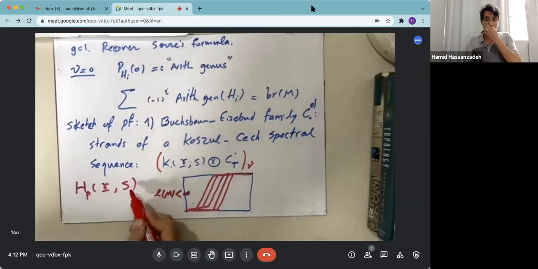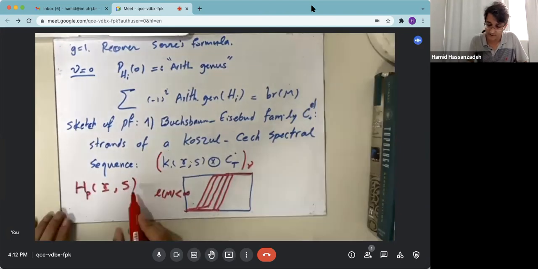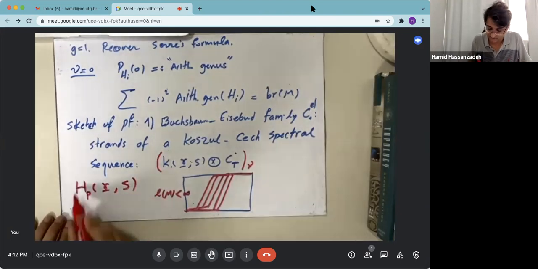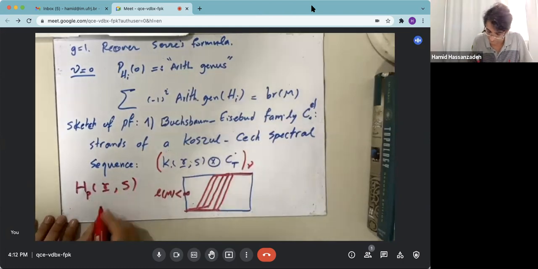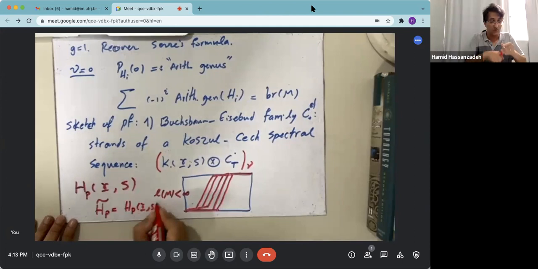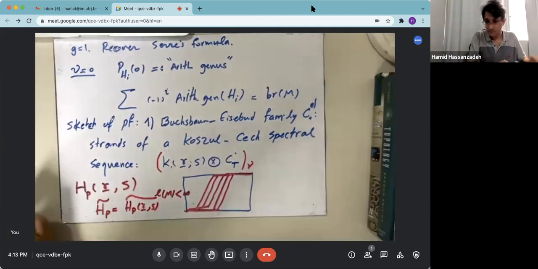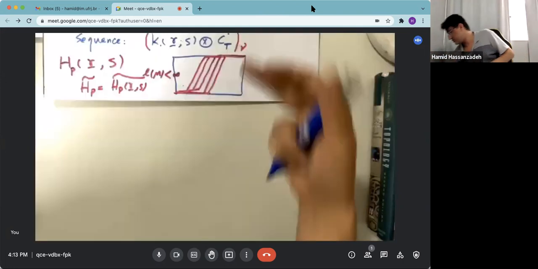But what we discovered was quite amazing: when you look at the sheafification of these guys, so instead of this module, you go to the sheaves, and then you look at the homologies, which are the local cohomologies, right?